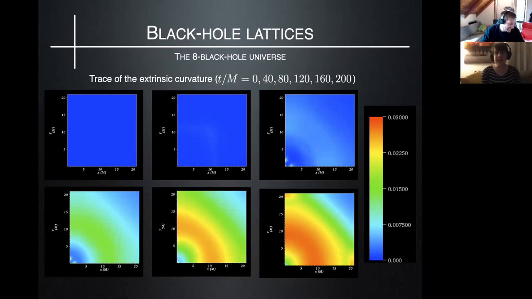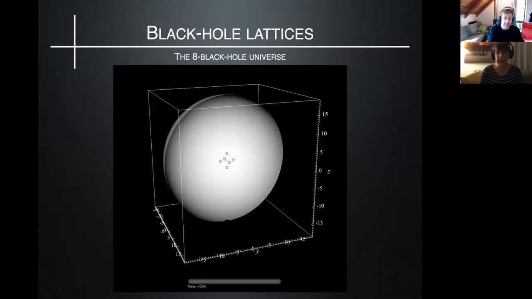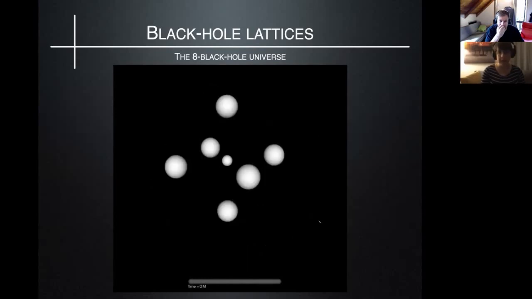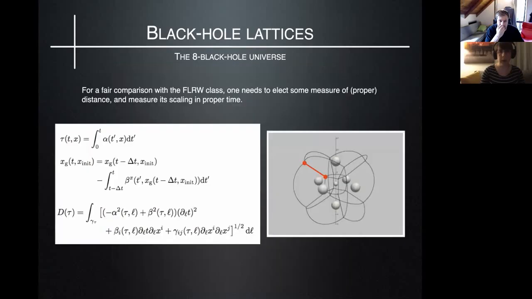So anyway, these are a few quantities that we plotted, some of the observables that we measured during the evolution. But what really mattered, for the purpose of comparing to the Friedmann class, for instance, was maybe not so much the evolution of quantities in this space-time, so this is various snapshots during the evolution, but how length scaled.